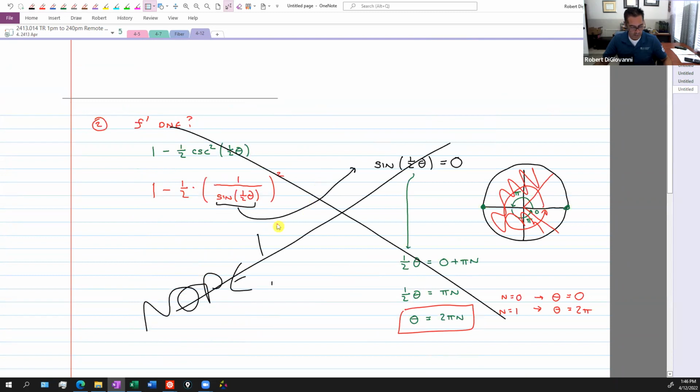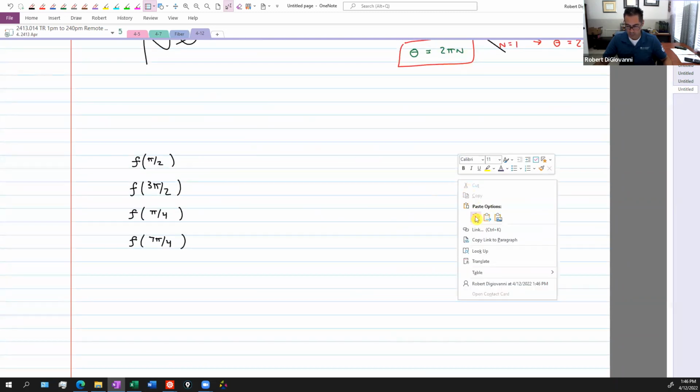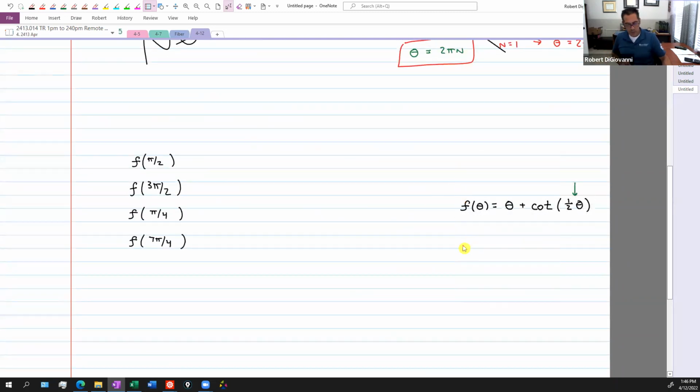You'll need a calculator. So if I plug in pi over 2, I get pi over 2 plus cotangent, oh, not cosine, cotangent of, okay, what happens if you plug pi over 2 right here? You multiply times a half and get pi over 4, right?